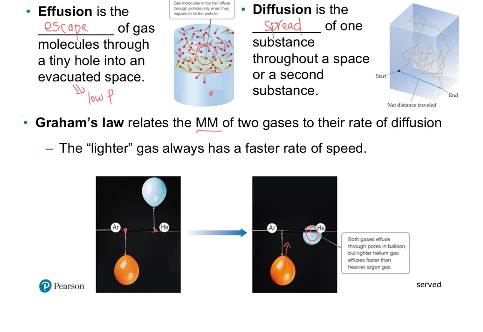So the equation we're going to use is that the rate of one molecule over the rate of another molecule is equal to the square root of the molar mass of the second molecule over the molar mass of the first.